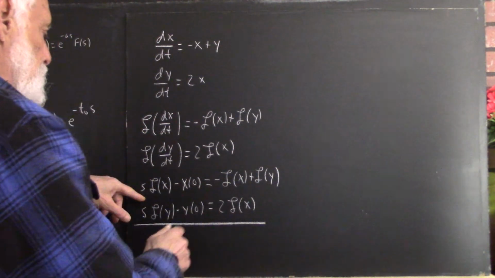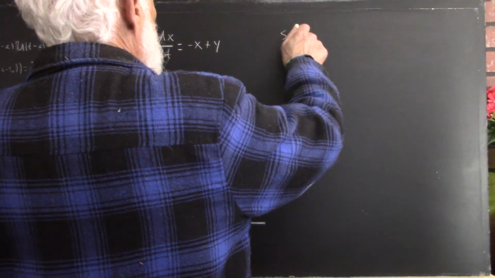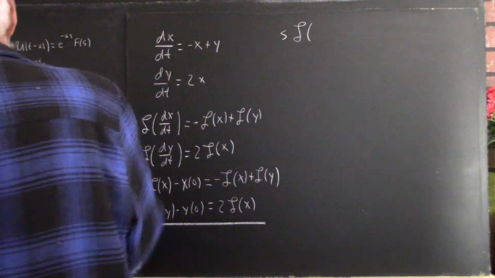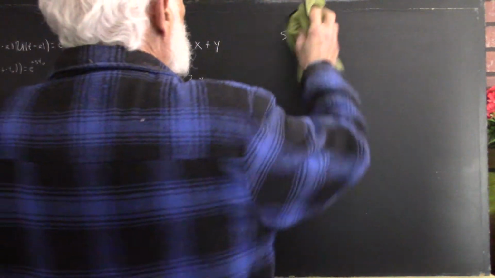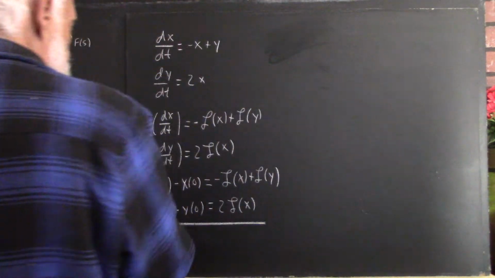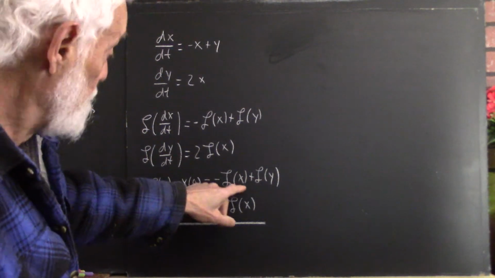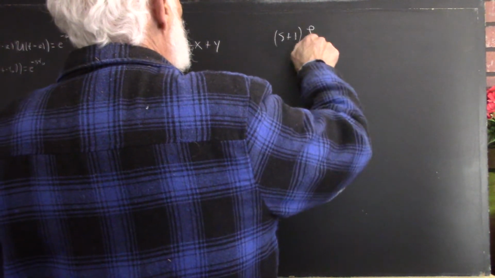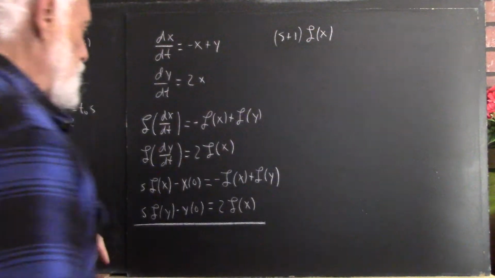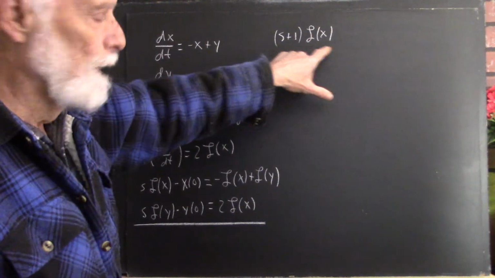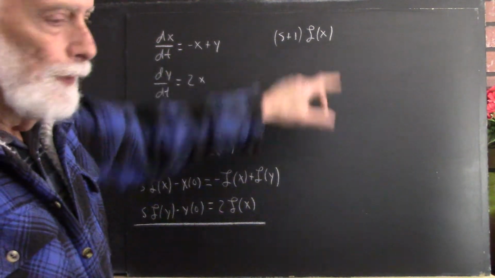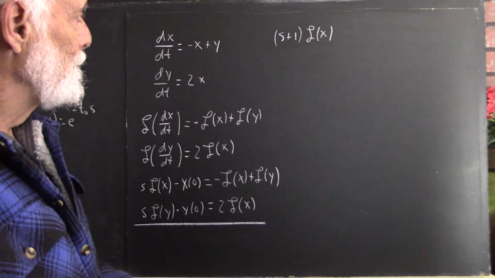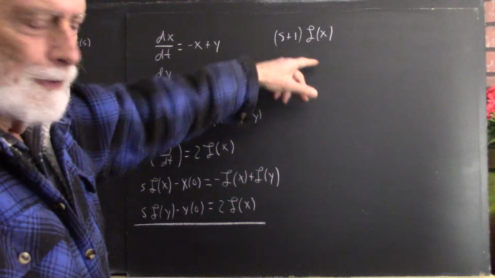If I rearrange the first equation, I want to factor out the L. Okay, I'm going to get an sL of x plus an L of x when this comes over here. So I'm going to get s plus 1 times the Laplace transform of x, and your book does use a capital X instead of a Laplace transform of x. I stick with this because it gets hard to distinguish the capital X from the lower x, and I like making these fancy L's anyway.